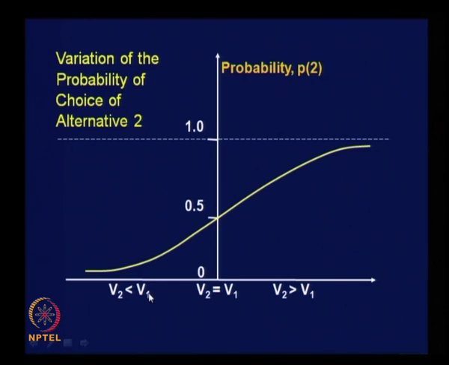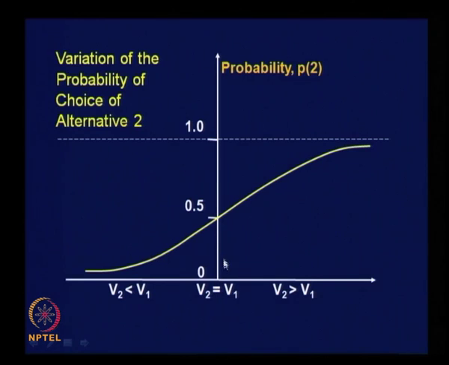If the mode choice is going to be based only on the values of V, V1 and V2, obviously when V2 is equal to V1 it is likely that the division is 50% each, maybe half might choose mode 2 and half might choose mode 1, that is agreeable.